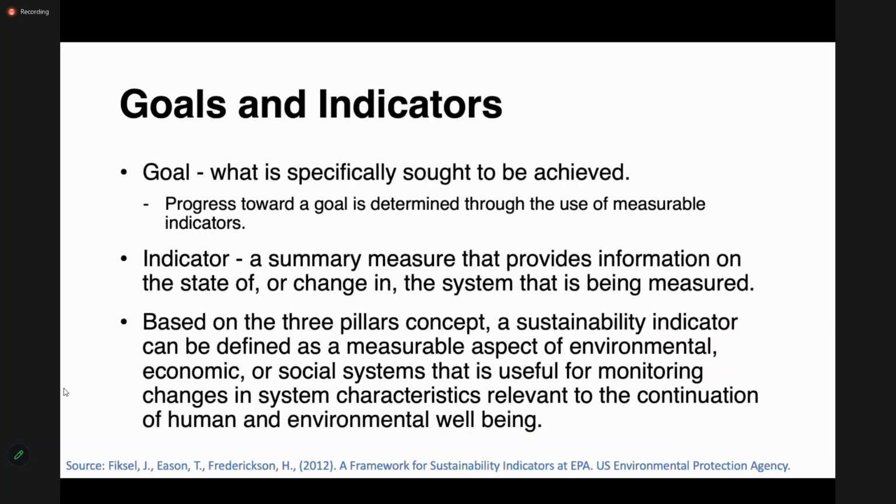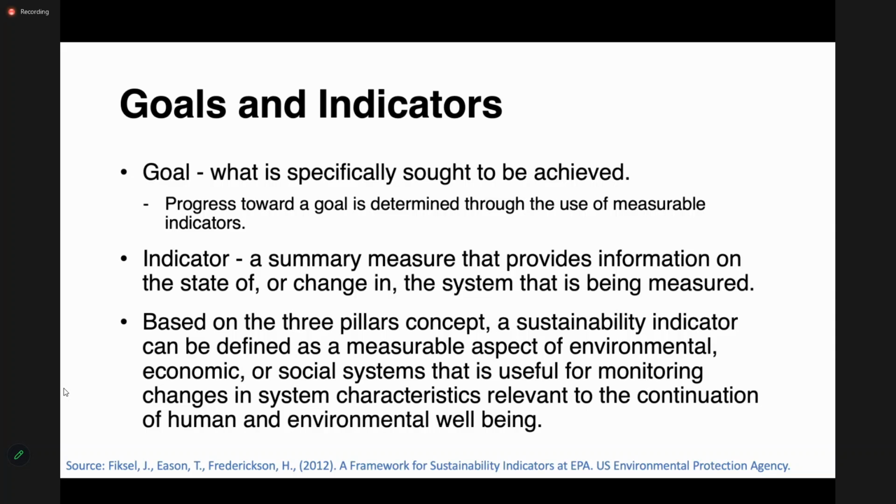So as those principles highlighted, having goals and indicators would basically serve as the starting point of any assessment process, including sustainability assessments. A goal is basically what you want to achieve.